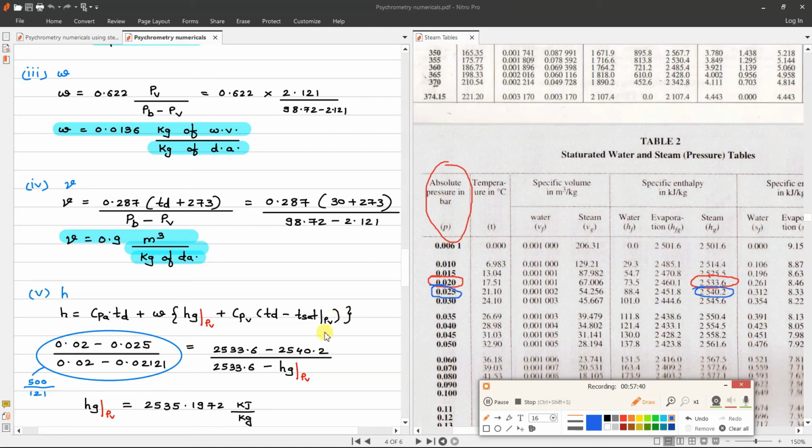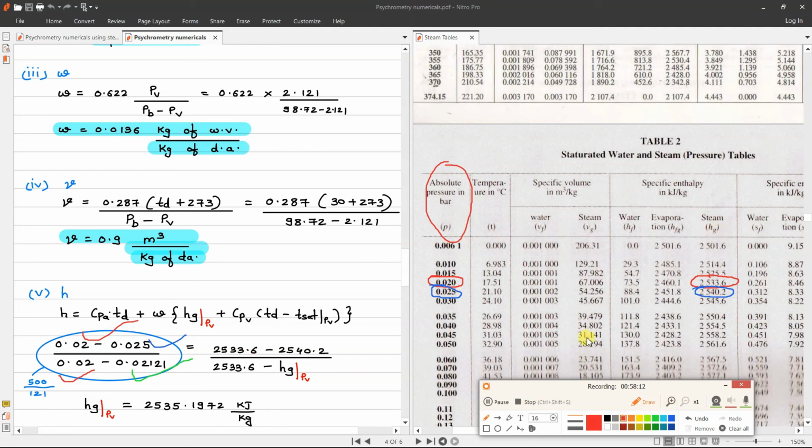Okay, so interpolation, if you see, I have taken 0.02 minus 0.025 divided by again 0.02 minus the PV value. Okay, PV value is 0.02121 bar. Corresponding to these values, we have to substitute Hg. What is Hg? Enthalpy of saturated steam.